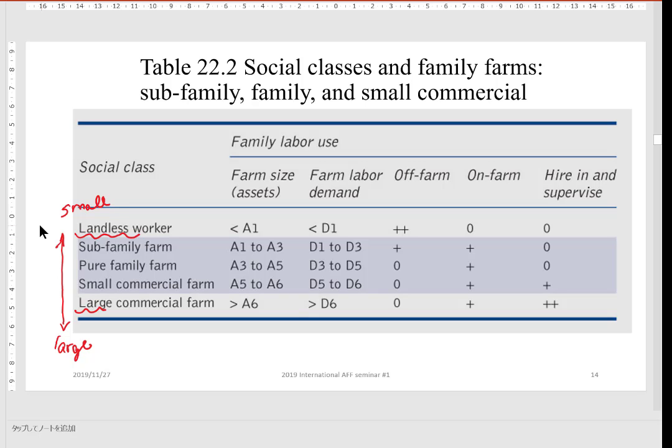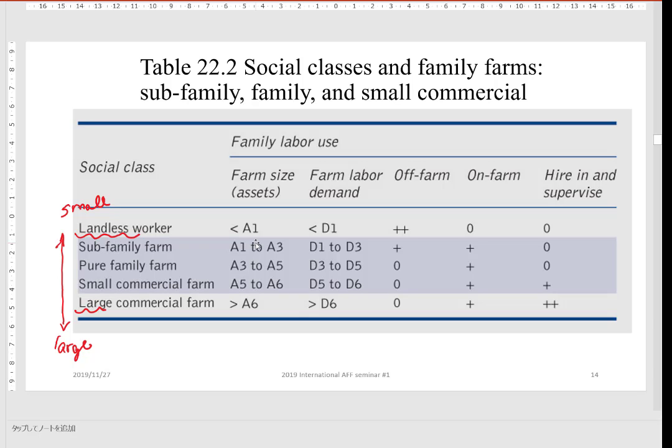In the case of a landless farmer, they don't have land for farming, so family labor is mainly used as off-farm labor, because they don't have their own farmland. They are landless workers.